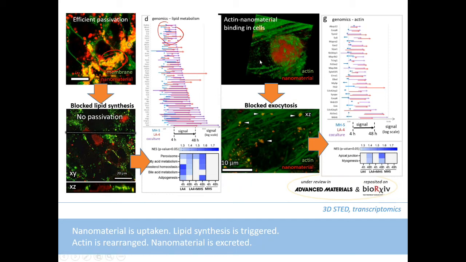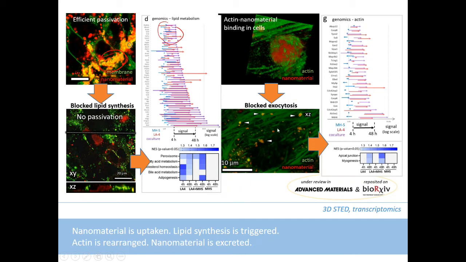On the right side of this slide, you can see that when nanomaterial gets into the cell, it quickly binds to actin fibers. Indeed, it also damages or restructures actin fibers. We can see that actin is actually involved in the exocytosis of the nanomaterial.